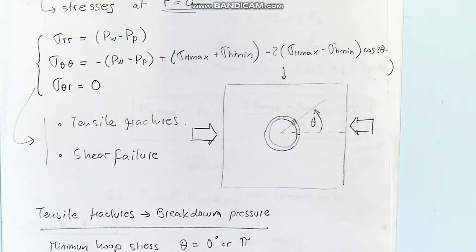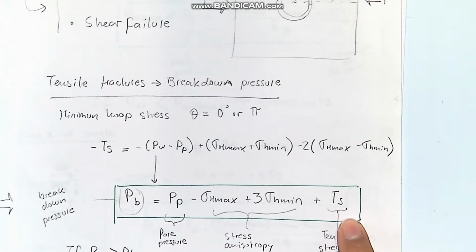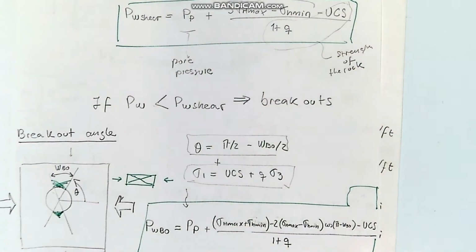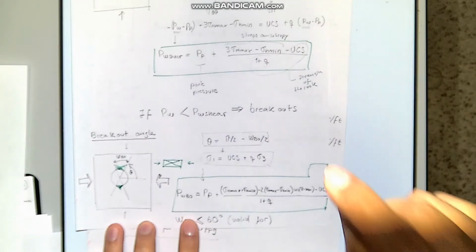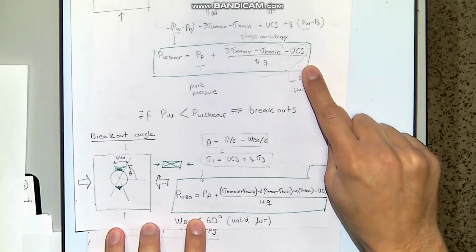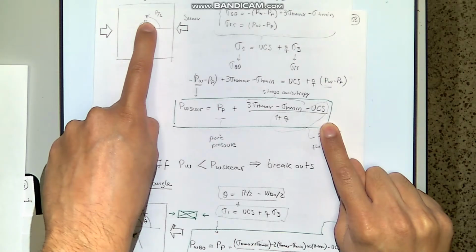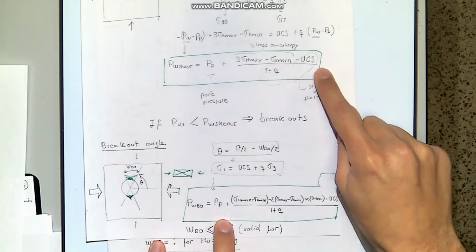So, with these equations, now we have been able to compute two very important quantities: one, the breakdown pressure, which depends on tensile strength, and two, the pressure for obtaining shear, either a very tiny shear at the top of the wellbore in this case, or a larger shear region if we allow for a breakout.